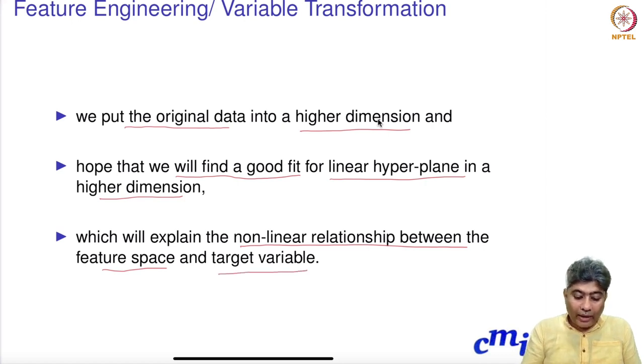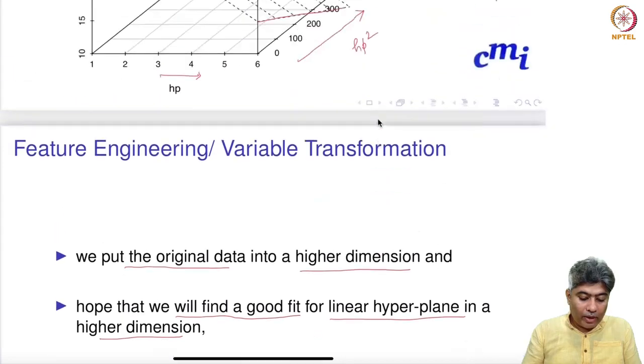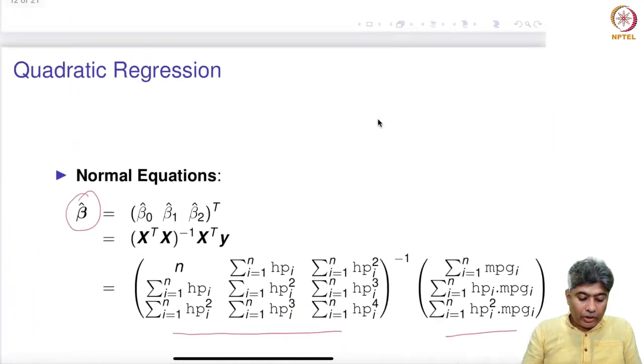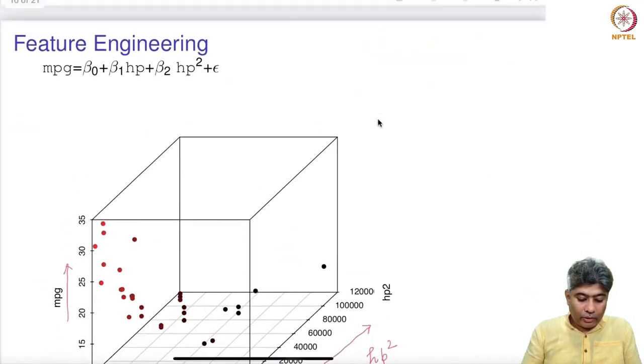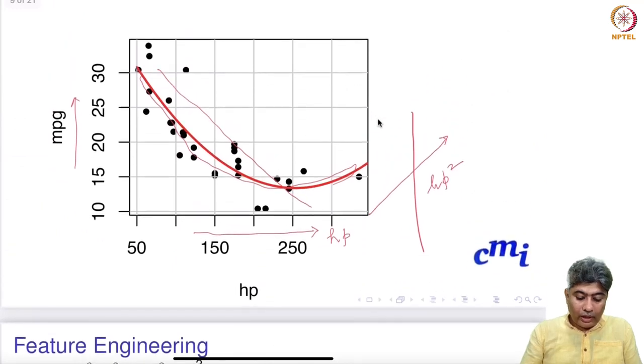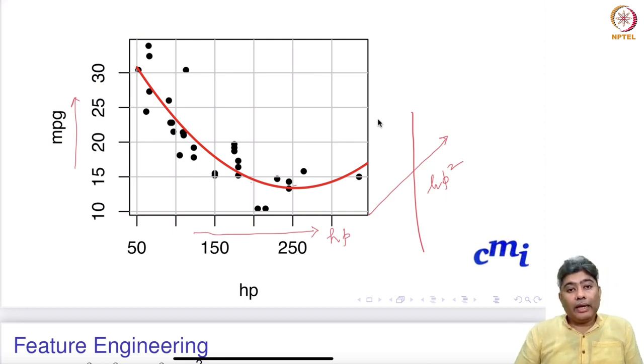If I go back to this example, clearly the relationship between horsepower and miles per gallon is not a straight line.